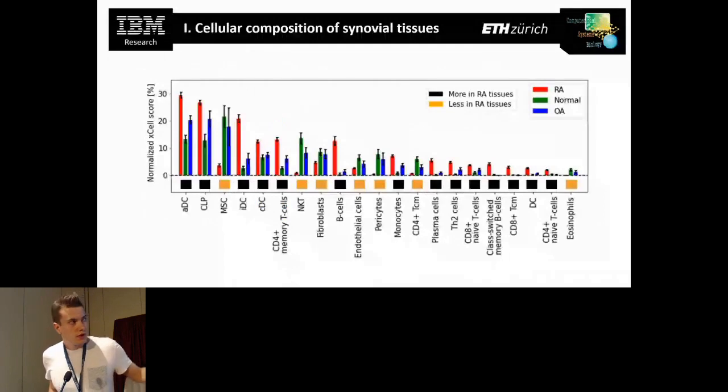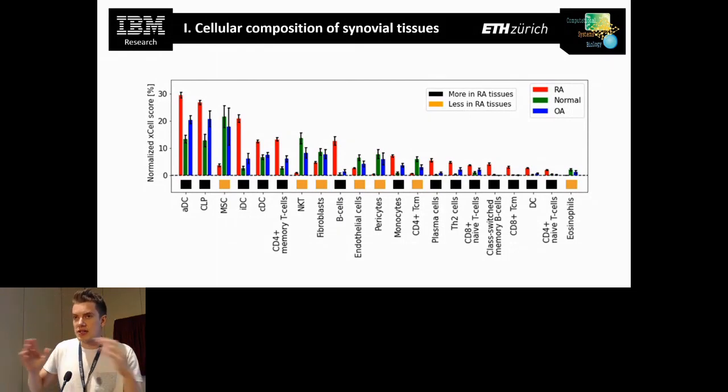So here it's very clear that depending on whether this is RA tissue or healthy tissue, we can have major differences for some cell types, which is expected because this is an autoimmune disease. The joints are swollen and there are more immune cells because of the autoimmune reaction. But you can observe here some significant differences in B cells, in T cells, in monocytes, pericytes.